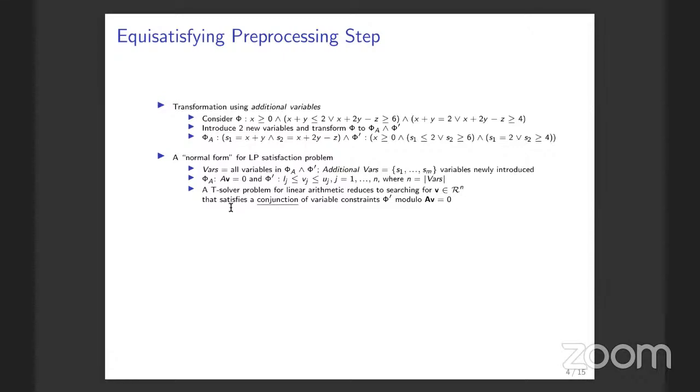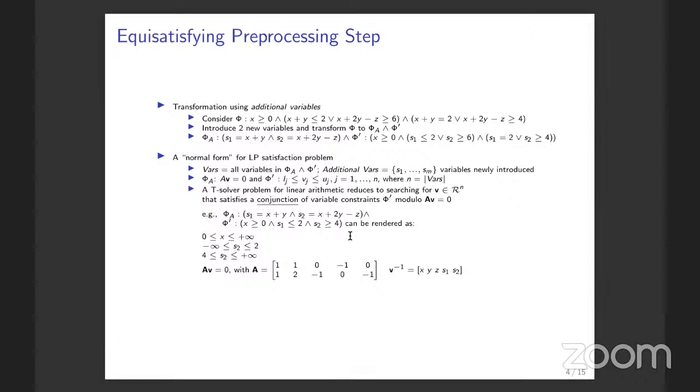Okay? So the problem the theory solver has to solve, through this transformation, reduces to searching for value assignments to all the variables, both additional variables and program variables, such that they satisfy a conjunction of variable constraints modulo this matrix A times the vector of variables having to be equal to 0.